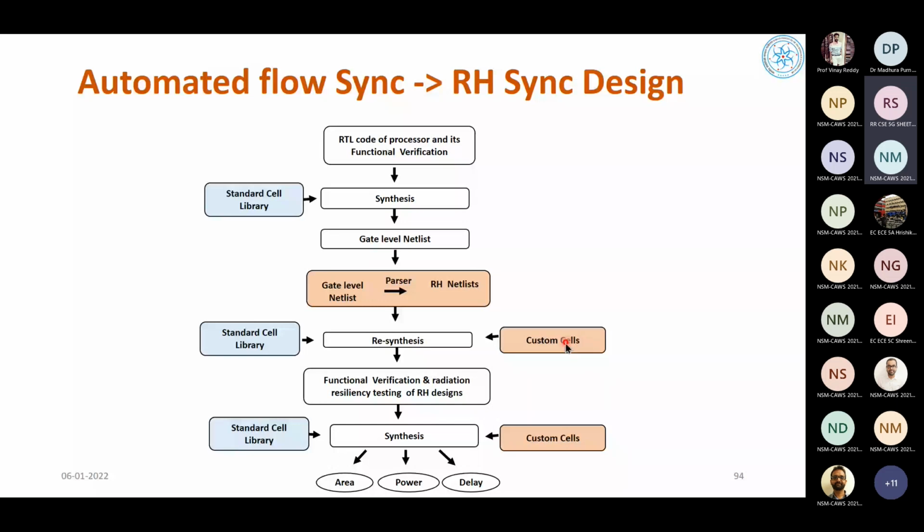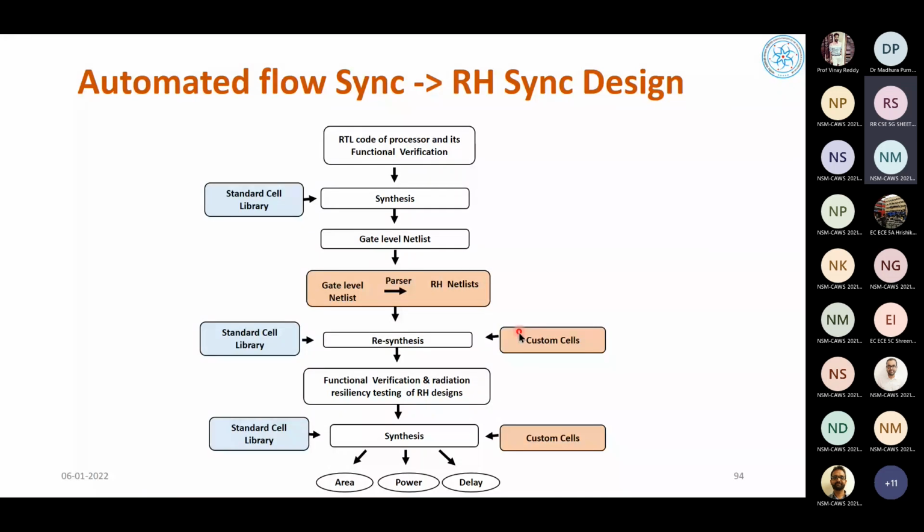The flip flops that we use for normal synchronous design, like the D flip flop, cannot directly be used for radiation hardened designs. So you have to design new flip flops. One of the flip flops very commonly used by ISRO, for example, is called the dual interlocked cell, the DICE cell. These cells get replaced.